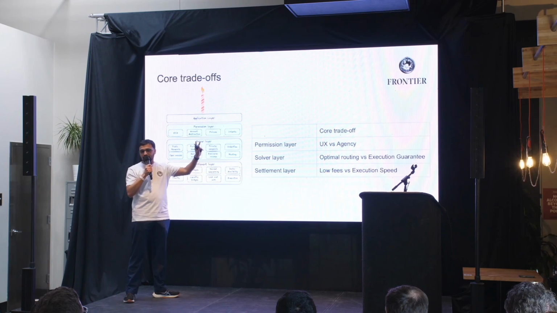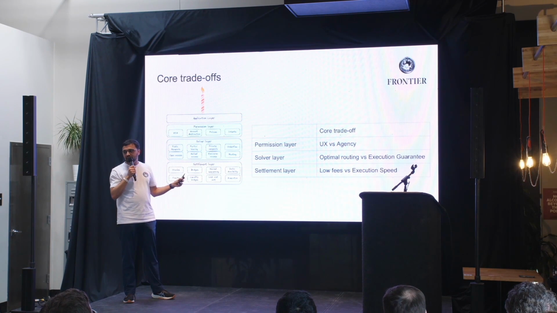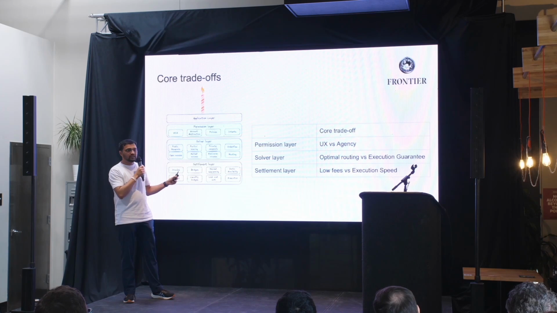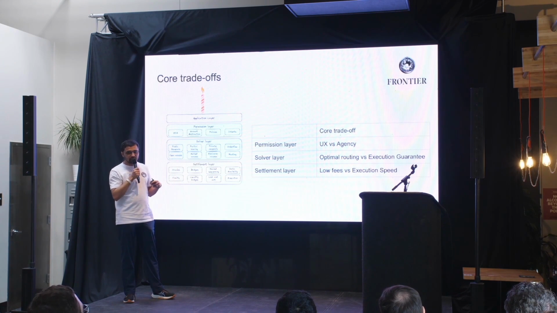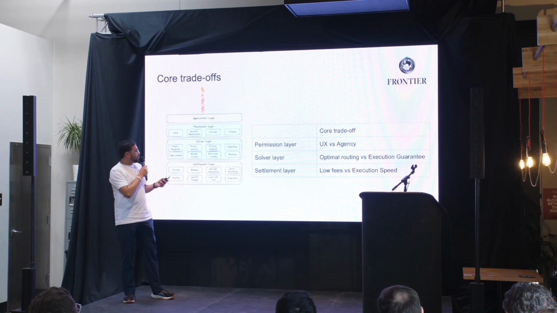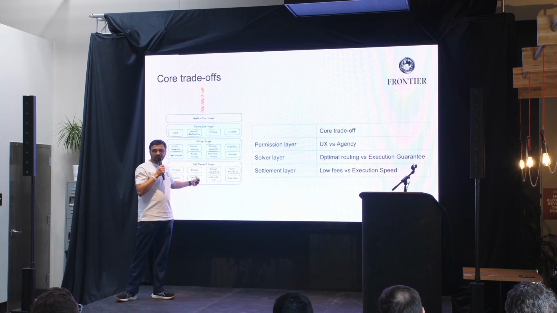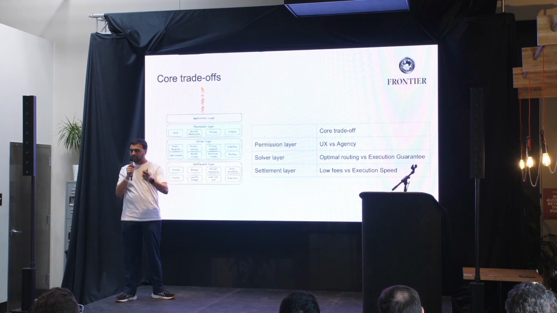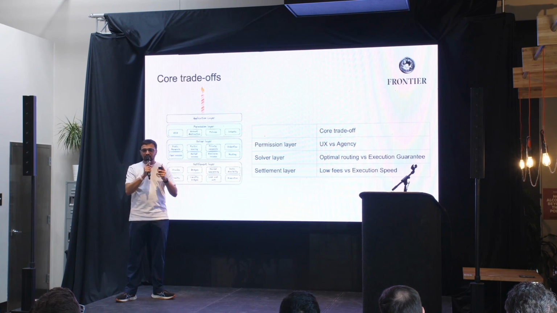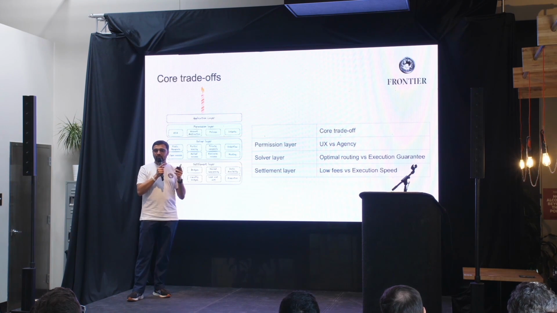The third trade-off is in the settlement layer, which is between low fees and execution speed. When you are trying to settle these transactions, you need to somehow communicate between these two chains, and you will need to wait for finality. If the finality is on Bitcoin, you would need to wait a certain number of blocks, and that can take something like an hour.